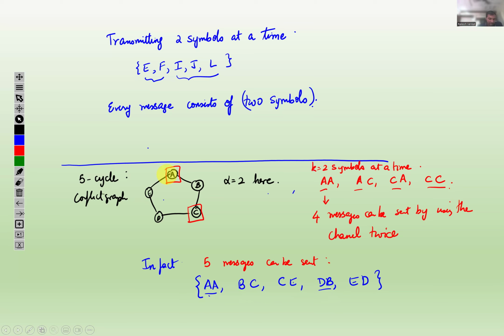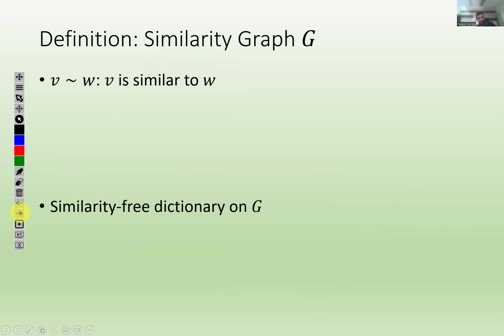We'll formalize this in a moment and say that V is similar to W if V equals W or VW is in E. So similar means it may lead to confusion.